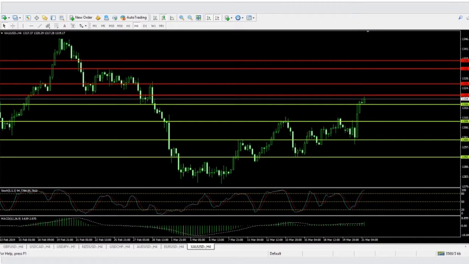It may become a signal of corrective sales, but in any case, you should use a sell stop with a target at 1300.50, and the stop loss at 1320.90 or 1323.